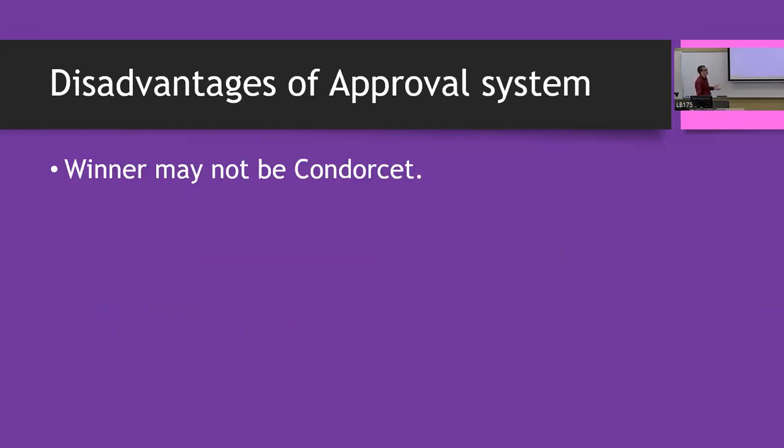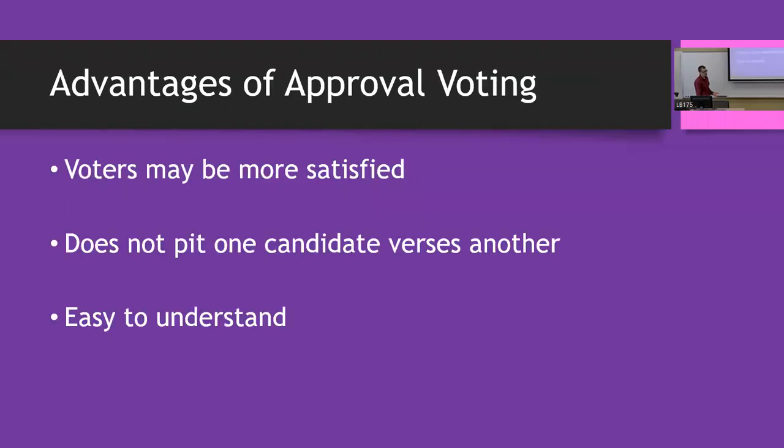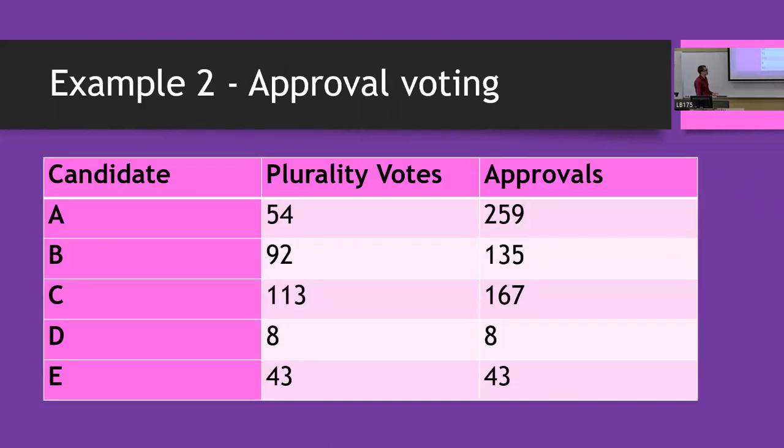Now, all of the disadvantages still exist. You still might not get Condorcet. You still might not get 50% of people's approvals. Even here, you may form coalitions too.